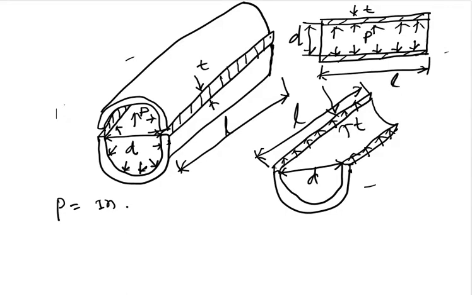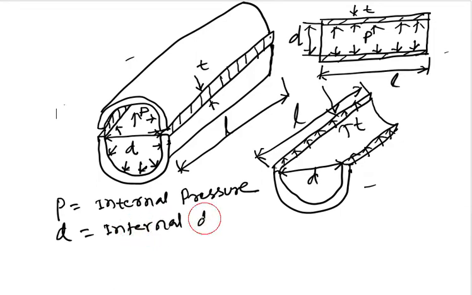Sorry, P is the internal pressure, D is the internal diameter of the thin cylinder, correct?